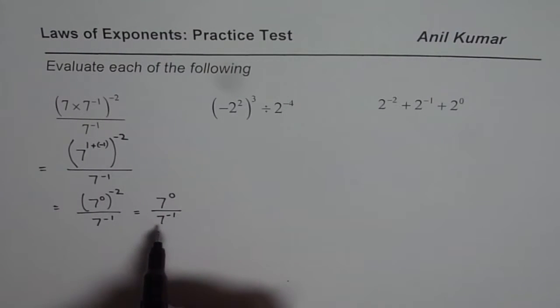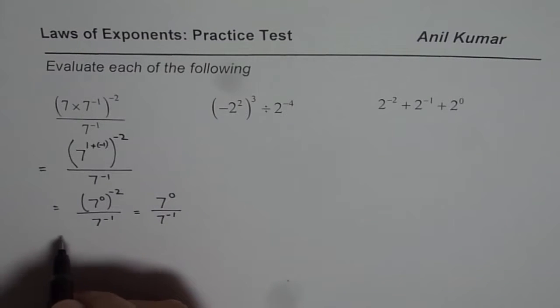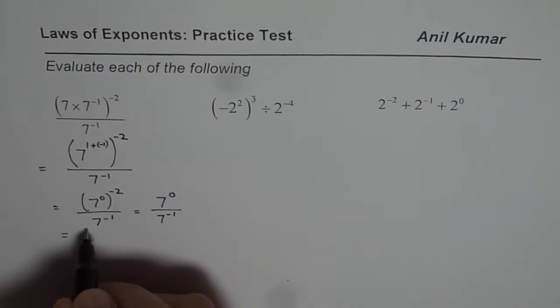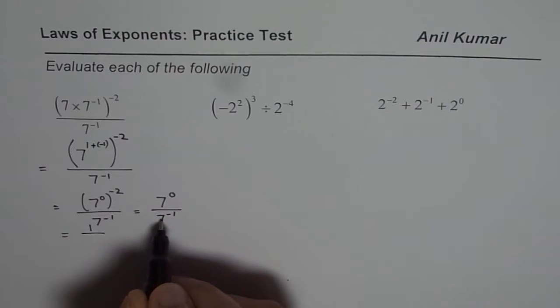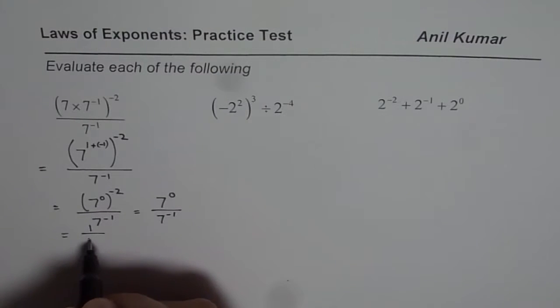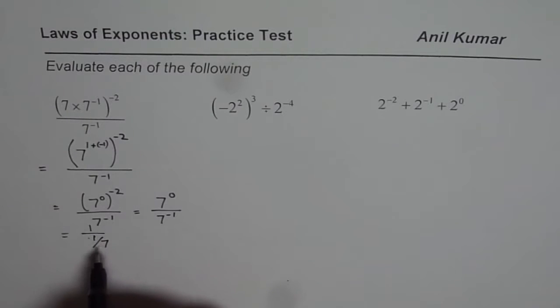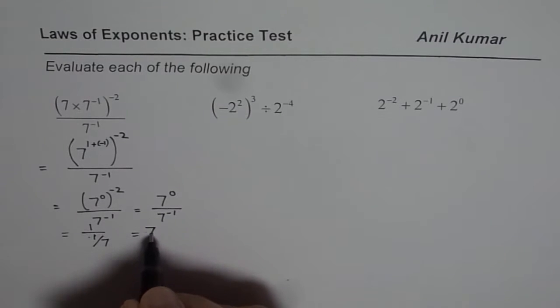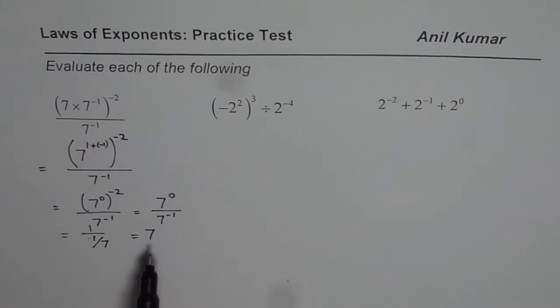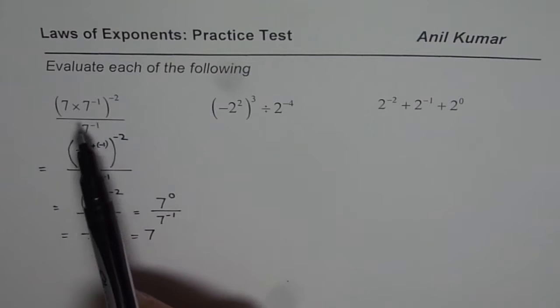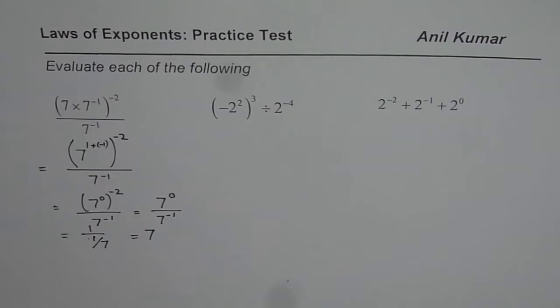And 7 to the power of minus 1 should be written as a reciprocal, 1 over 7. So 1 divided by 1 over 7 gives the result 7.